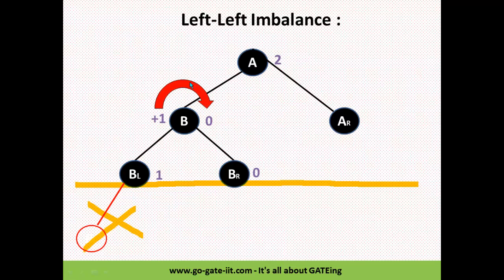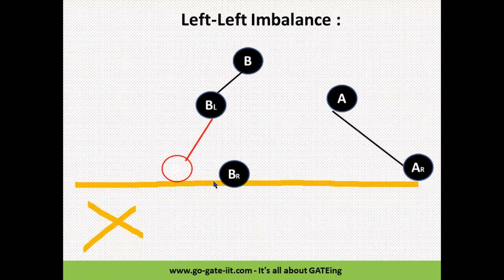This symbol shows that we will rotate this B node in the right direction. So let's see what happens. First of all, B moves completely with all its children. You can notice the animation right now.